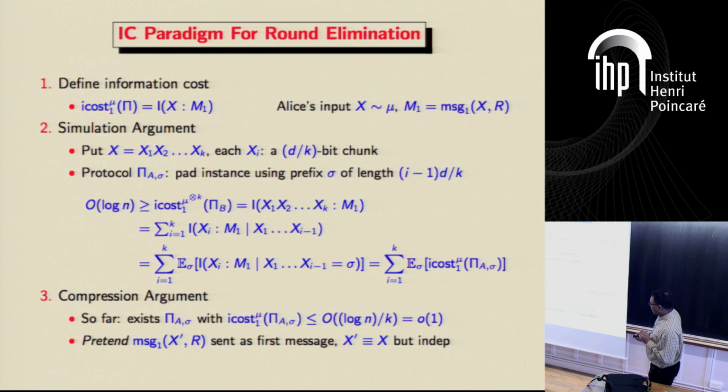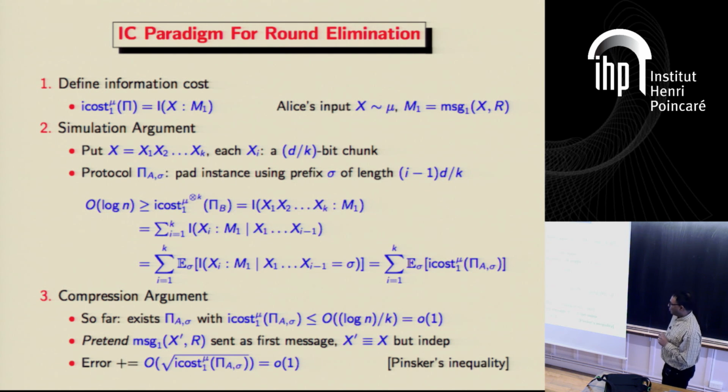This modified protocol should still work, because the difference between the original protocol and the modified protocol is only little o of 1 in some sense. And this can be made precise. We can say that the statistical distance between these two protocols, and therefore the error, is at most the square root of this information cost.